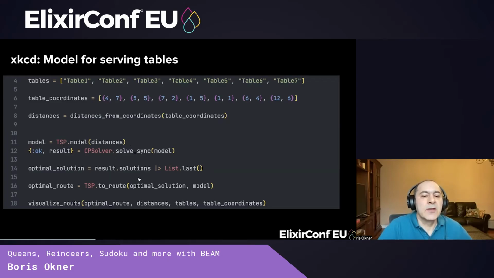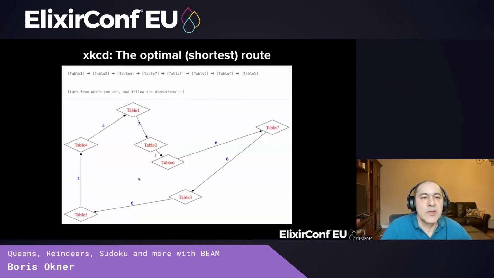The solver finds us solutions. We pick the best solution, and we visualize the route. And here are our instructions for the waiter. This represents the shortest optimal route. And we are done with XKCD. We were able to help the waiter solve the problems.